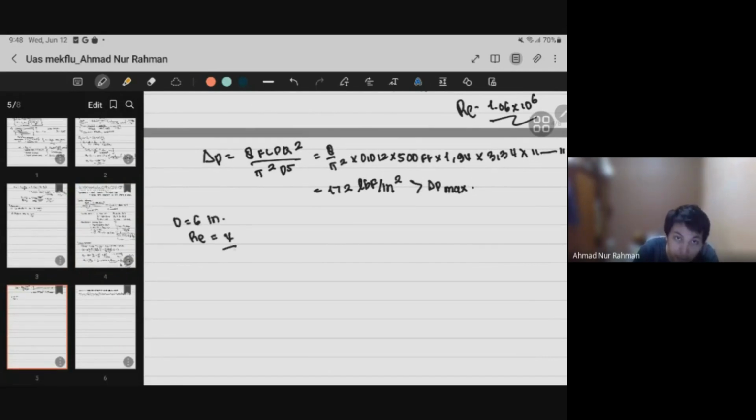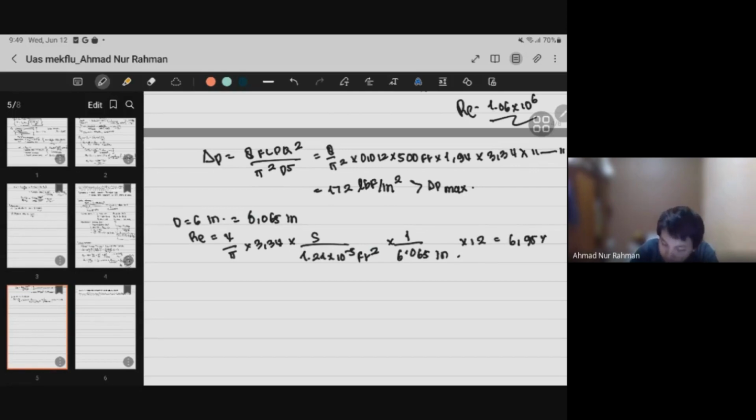We solve it again: rho times 3.34 times s minus 5, 1.21 times 10^-5 feet per square, times 6.065 in times 12 equals 6.95 times 10^5.